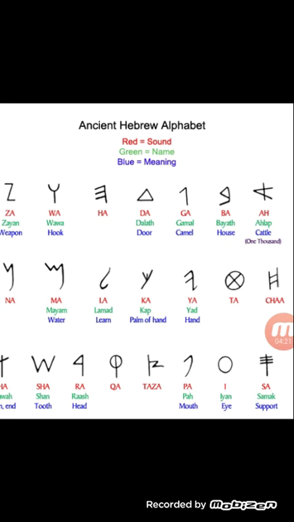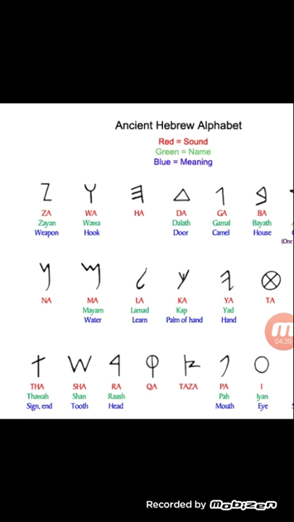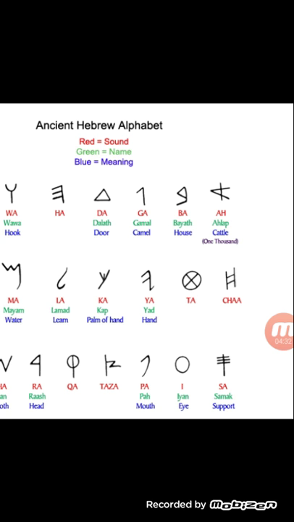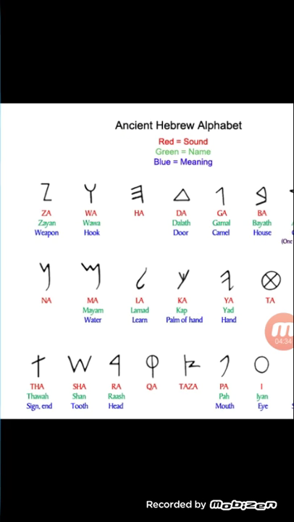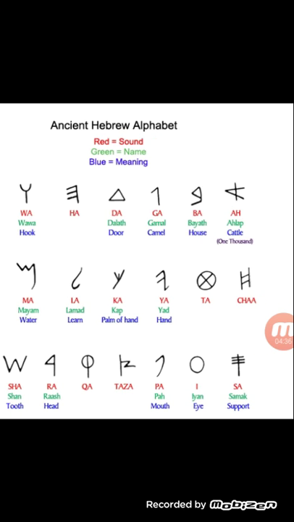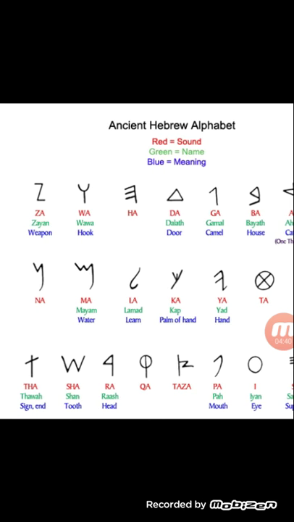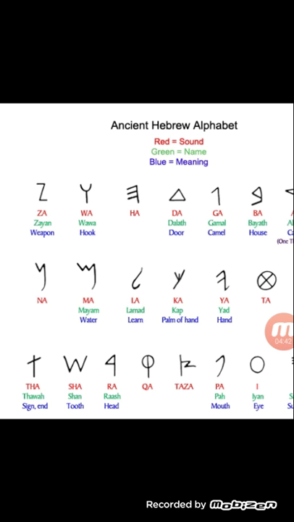You keep repeating it over and over like this: Abagadahawaza, Khataya, Kalamanasa Aipa, Tazakwa, Rashata.